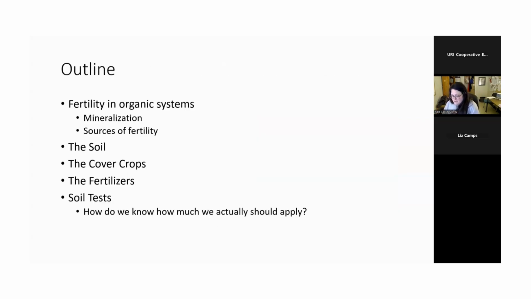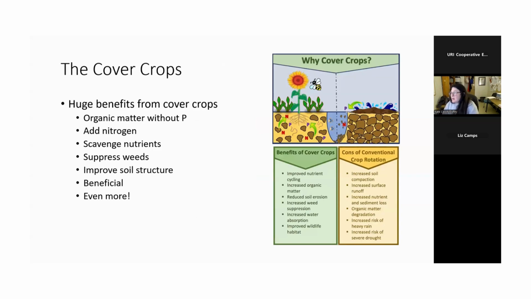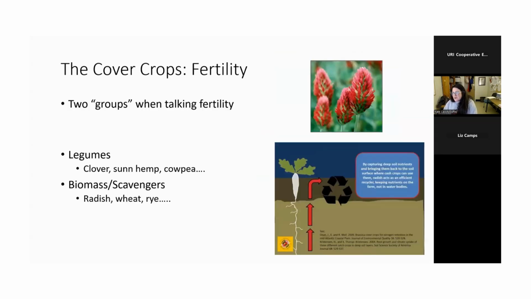Okay, so into cover crops. All right, we all know there's a huge benefit of cover crops, right? It adds a lot of organic matter, it adds nitrogen, it suppresses weeds, it improves soil structure, it attracts beneficials, and on and on. But I want to talk about it from a nitrogen standpoint. When we talk about fertility, there's kind of 2 main groups.